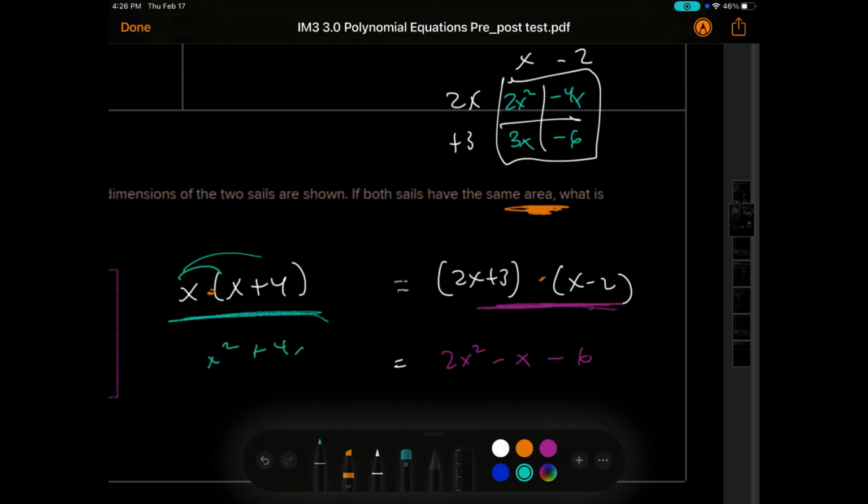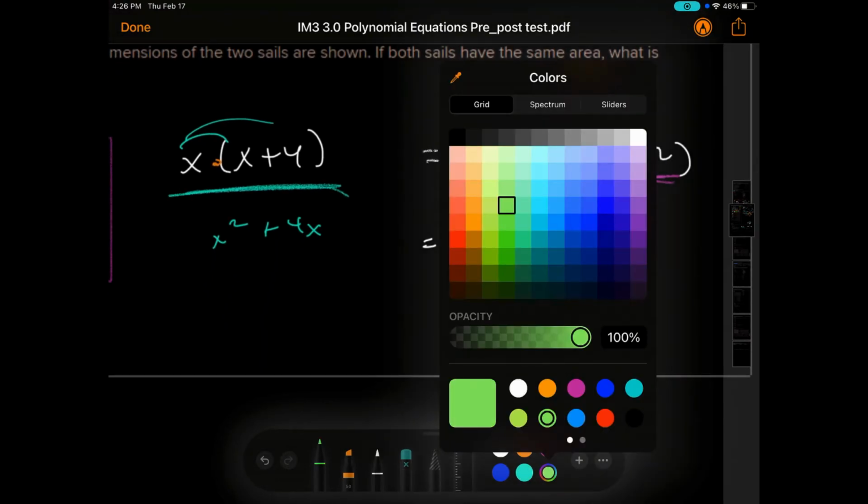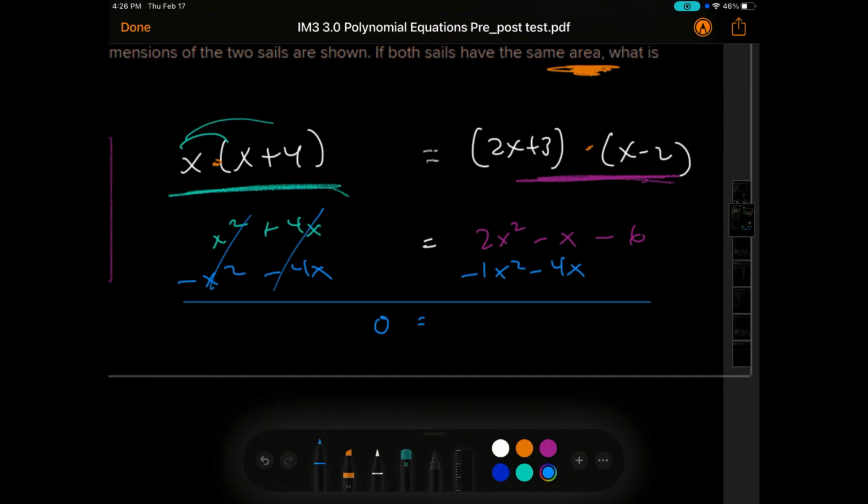Distribute: x squared plus 4x. And let's go ahead and move everything over. Minus 4x. 0 equals x squared minus 5x minus 6.